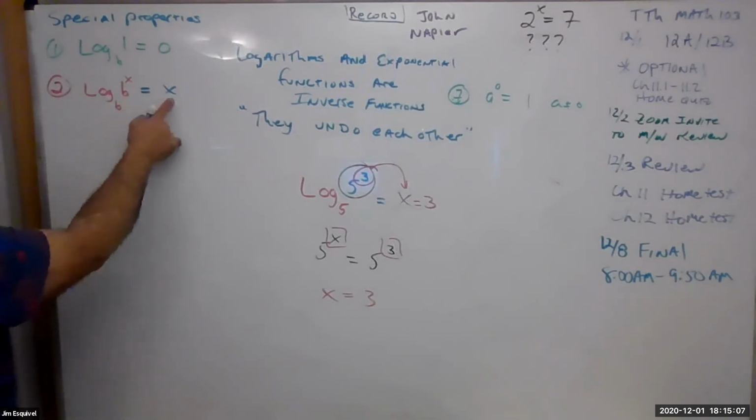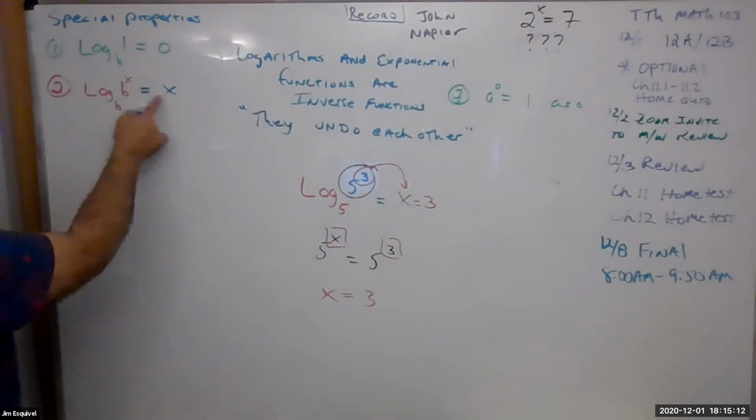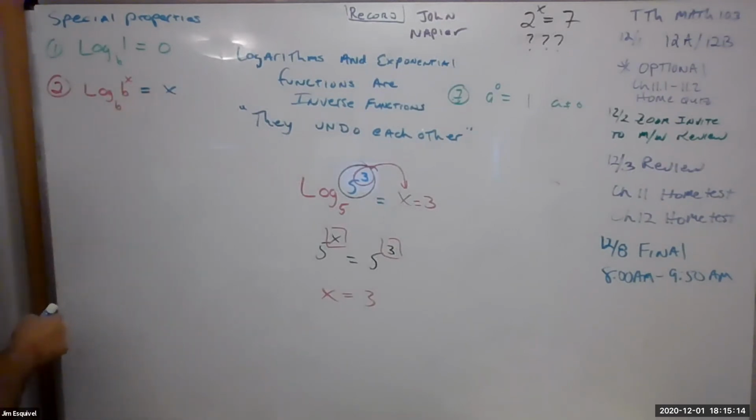They undo each other, so we get the x, because they're inverse functions. That's the whole idea. They're inverse functions of both sides.